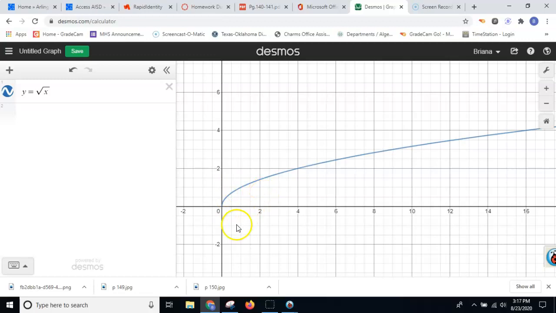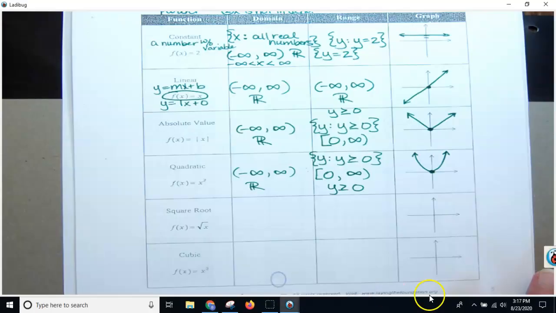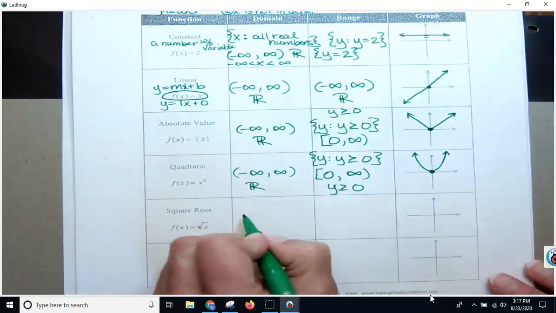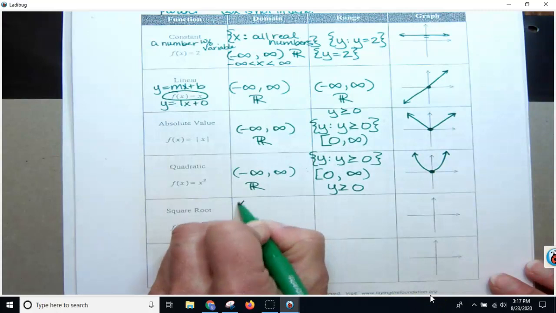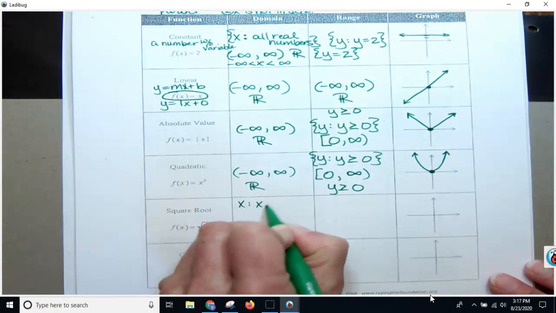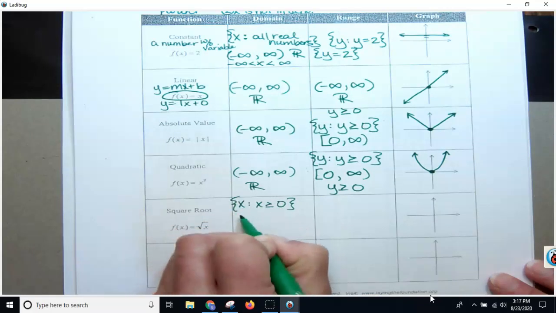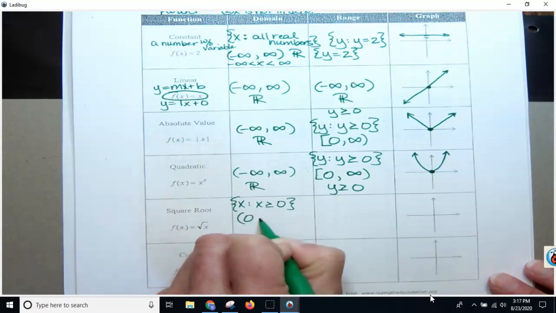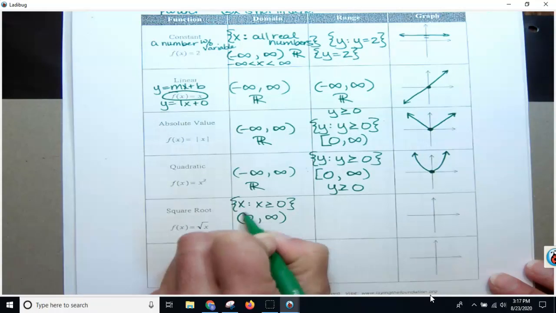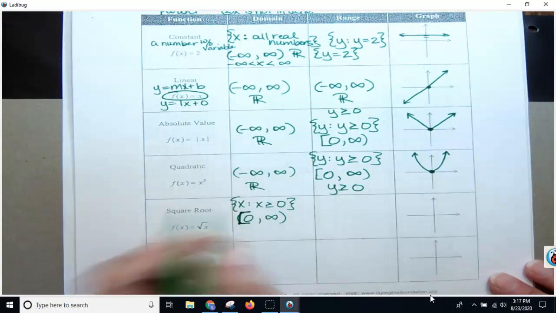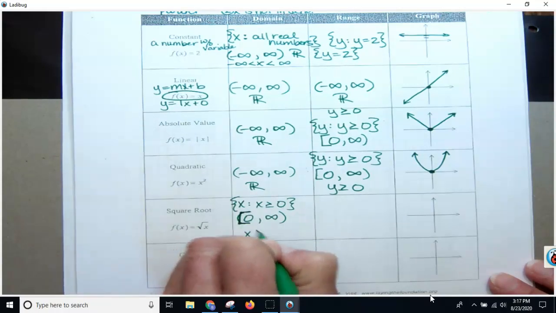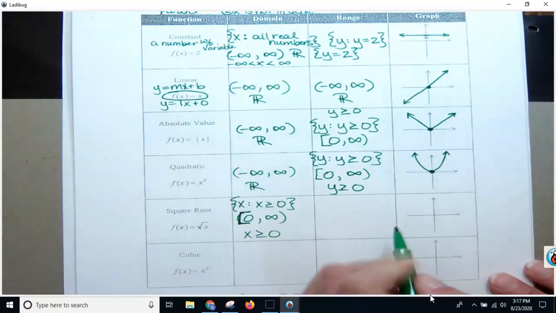It never comes into the negative range. So at that point, you're going to notice that your domain is going to be this set of x values where x is greater than or equal to 0, or if you put it in interval notation, 0 to infinity, and that actually includes 0, so I'll put a bracket, or x is greater than or equal to 0.